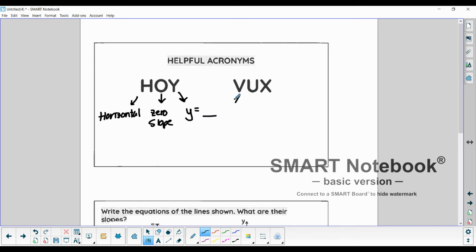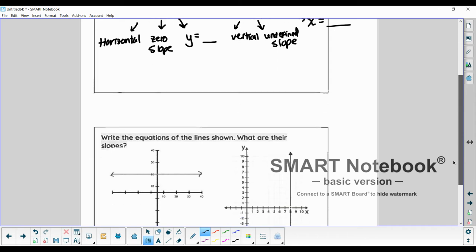VUX, the acronym VUX, V stands for vertical lines, will have undefined slope, and will always have an equation, x equals blank. So VUX helps us remember what type of line, what kind of slope, and what kind of equation it'll have.